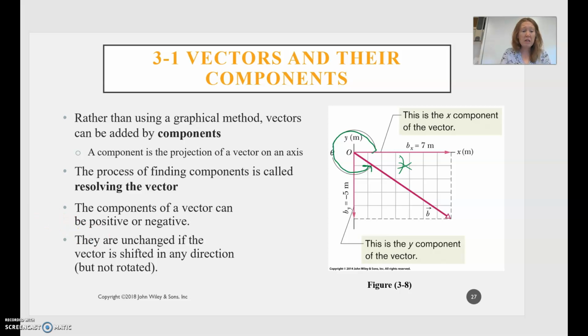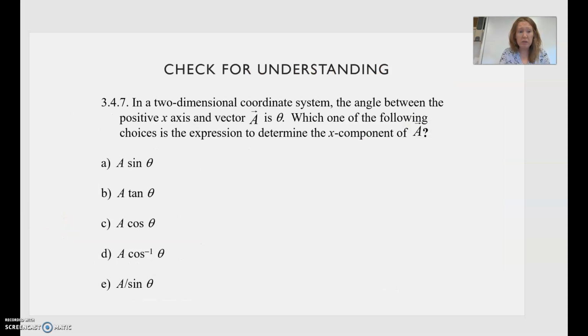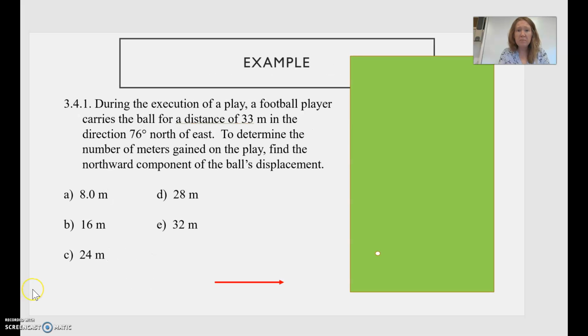Okay, so I'm going to skip this one. This is pretty easy. Let's practice this. So, for instance, if you've got a football player and a football field, and they are carrying the ball a certain distance in a direction 76 degrees north of east. Now I'm eyeballing this in my picture.